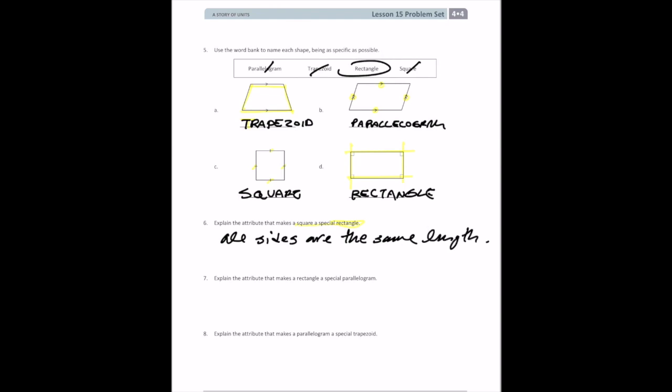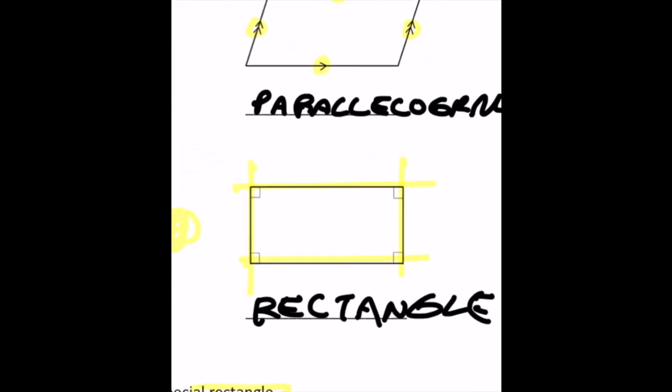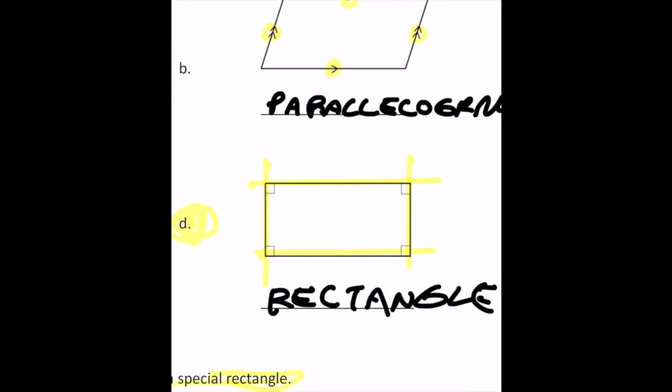Okay. 7, explain the attribute that makes a rectangle a special parallelogram. Okay, rectangle is a parallelogram. Why? Well, we know from this diagram in 5D right here, 5D, that it has opposite and equal parallel sides. So let's look at this closely. Let's use this diagram here to help prove it.